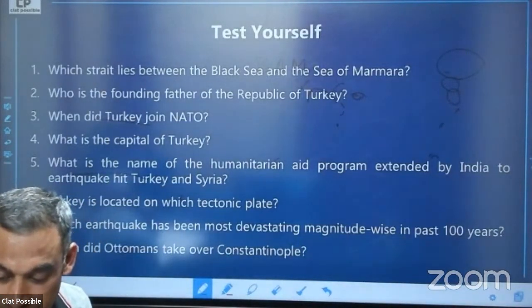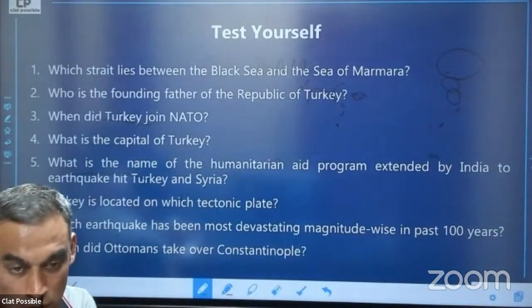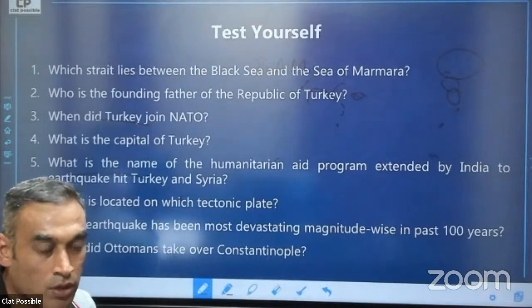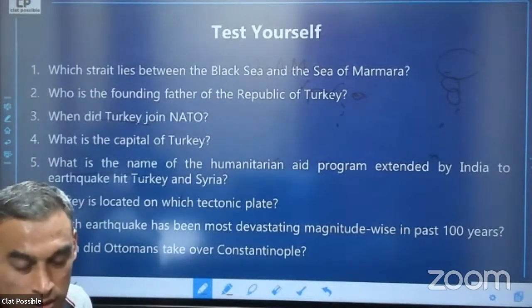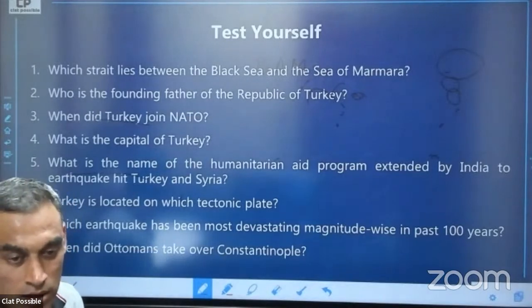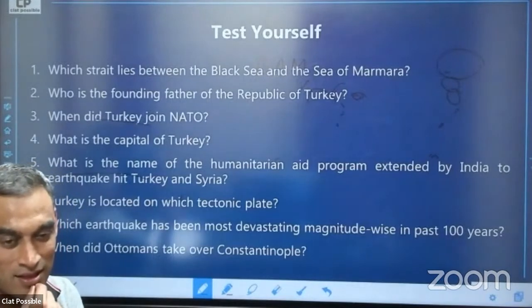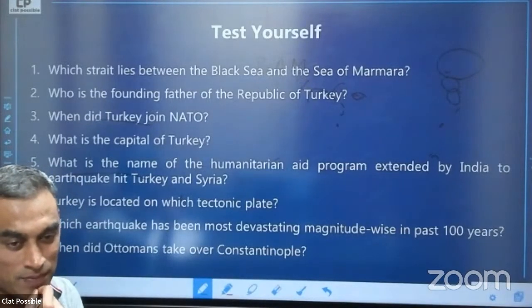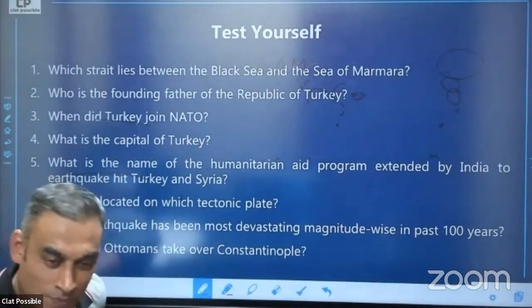Who was the founding father of the Republic of Turkey? Second question. Who is the founding father of modern Turkey, the Republic of Turkey? Or may I say, father of the nation?